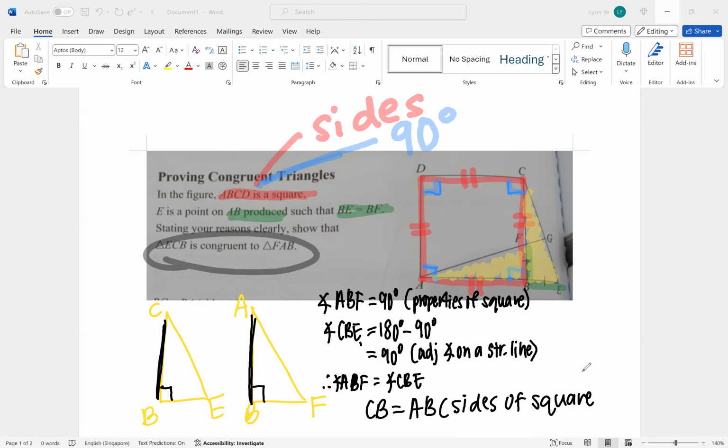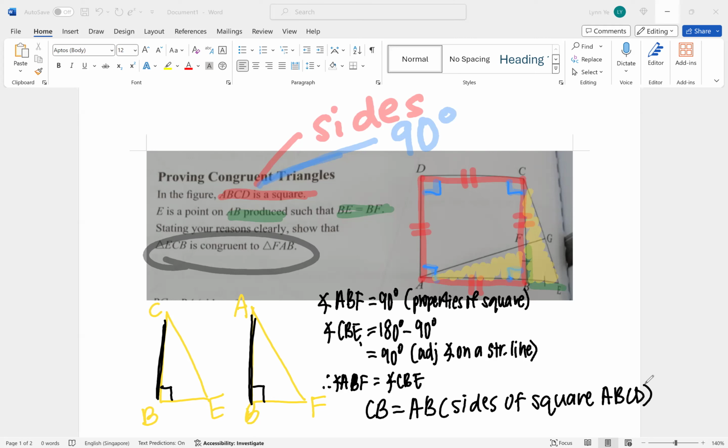So they are sides of which square? Yes, ABCD. So they are sides of square ABCD. Please be very careful. You need to be very, very clear when it comes to this. So I say that CB is equal to AB because they are sides of square ABCD.